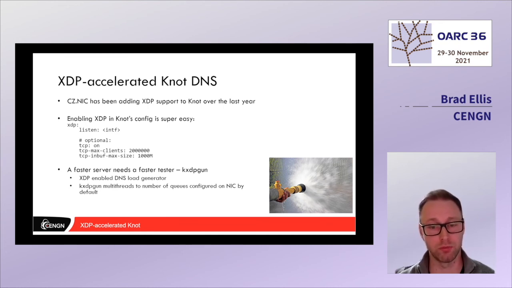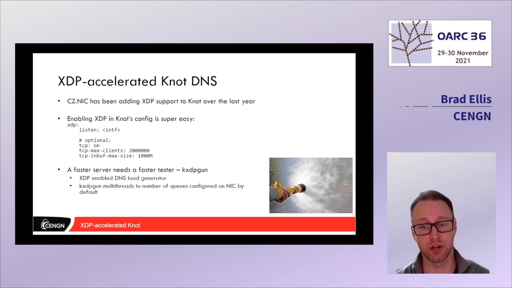But if we're extending this to new orders of magnitude with XDP, we need an XDP-enabled load generator, which is what KXDP Gun does. And then we also discovered that KXDP Gun automatically creates a number of threads equal to the number of queues configured on the NIC. So we didn't have to do any extra work to make sure that matched and was optimally there.